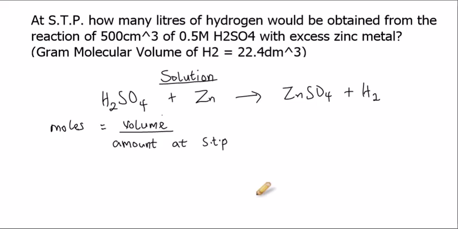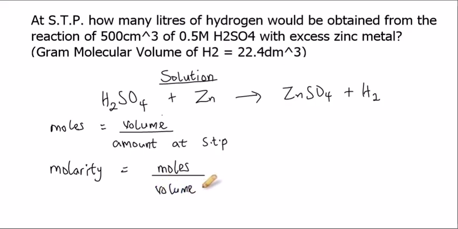with zinc. To get that, we'll be using the formula that says molarity equals moles over volume. If the volume is in cm³, then we'll be multiplying by 1000, but if it is in dm³, we won't be multiplying by 1000. So let's write out the formula. Molarity equals moles divided by volume.